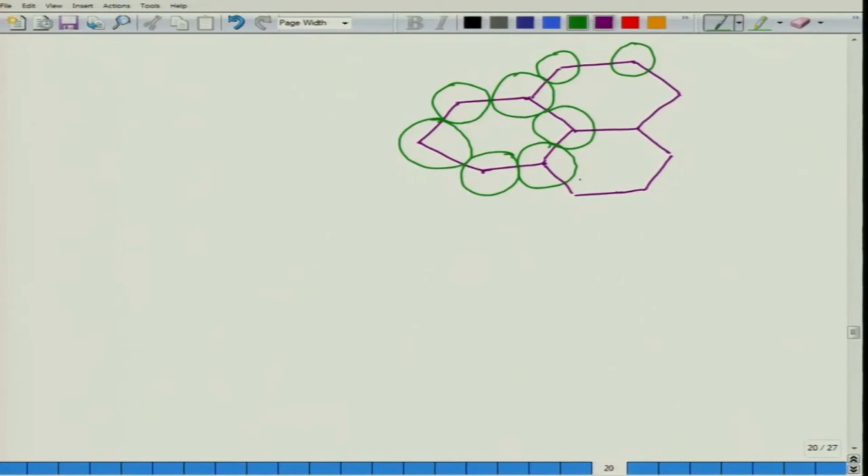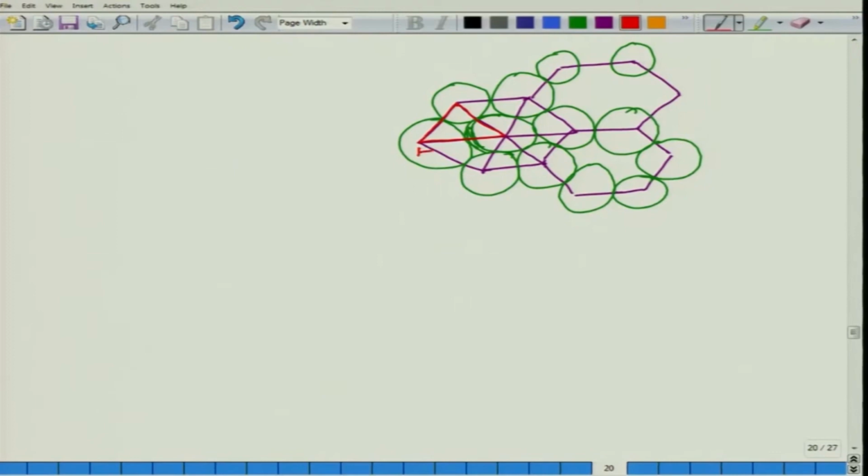Now, if we look at these circles, we also have a point at the center that is touching all the other canopies, right. So, in this case, if we look at this portion, we have 3 circles that are touching each other.